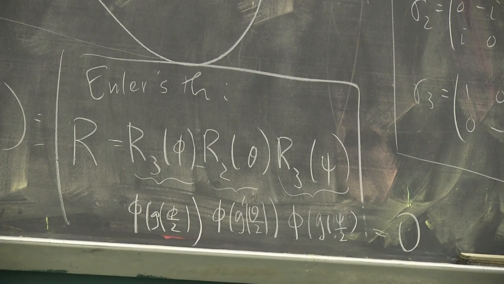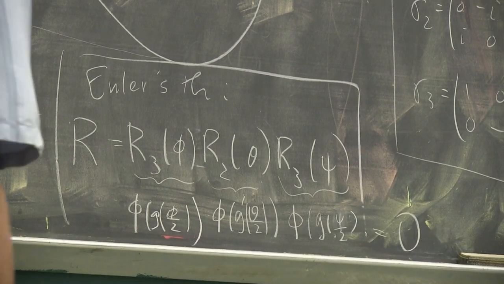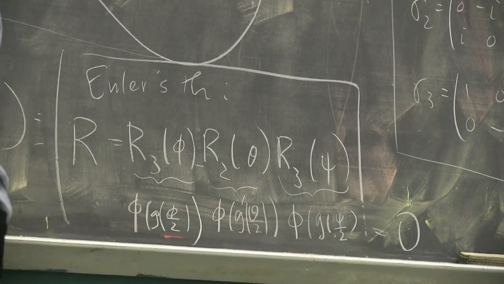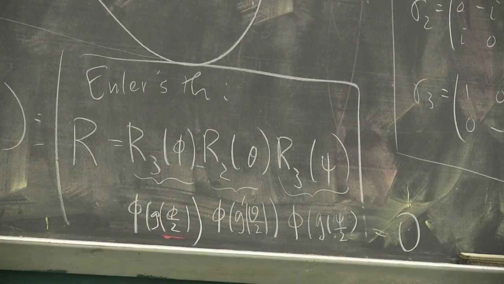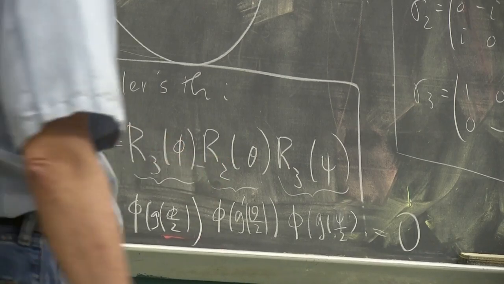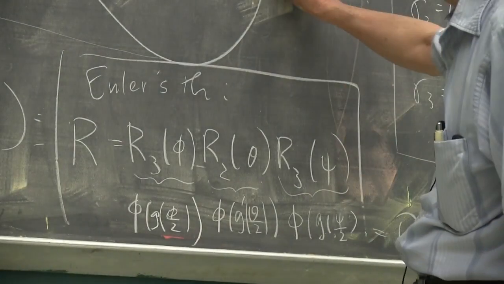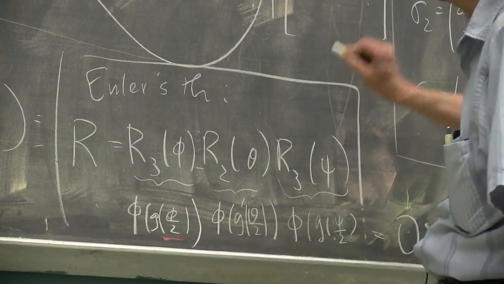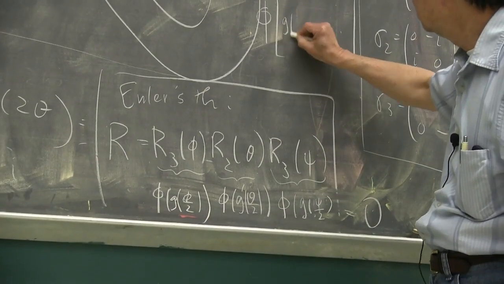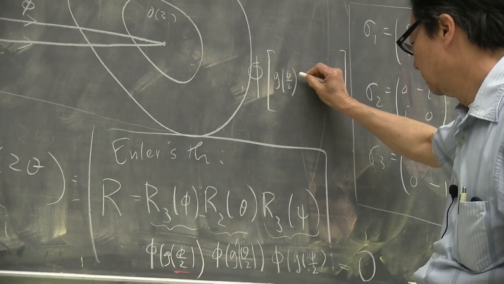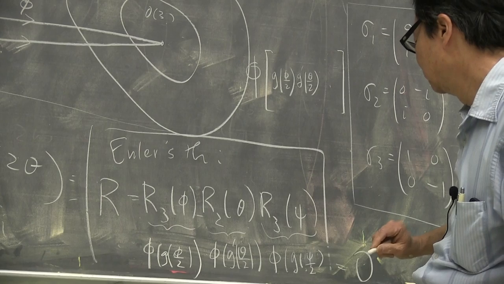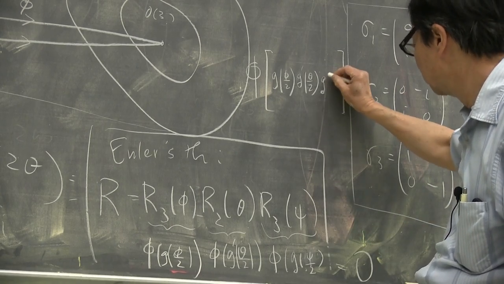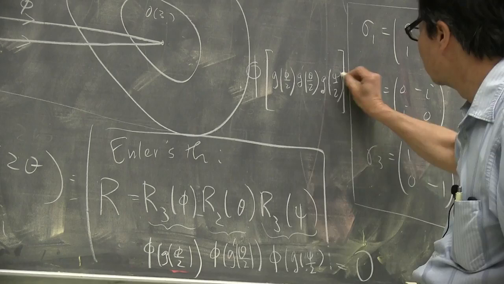Now then, you know what SU2 matrix represents this general rotation, right? According to the homomorphism rule, the multiplication preservation rule, this must be equal to phi of G, phi over 2, G prime, theta over 2, G, psi over 2.